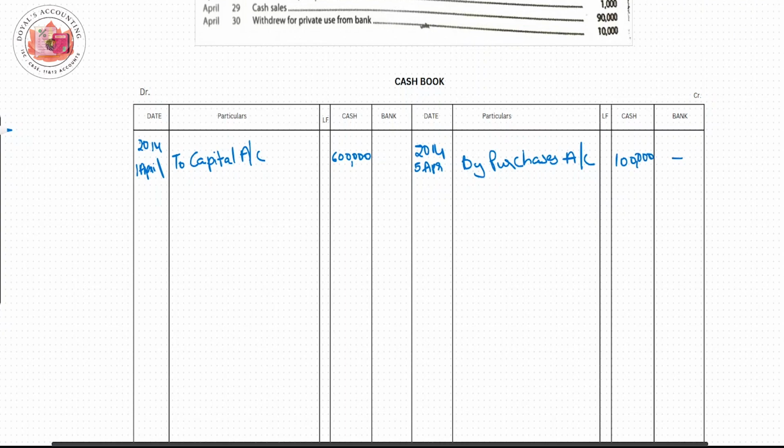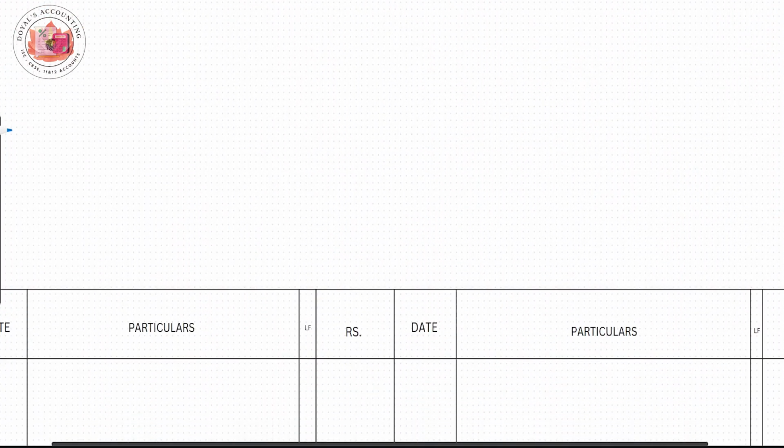Now I will open a ledger with purchases account. Purchases account. Debit, credit. This is very important to write.